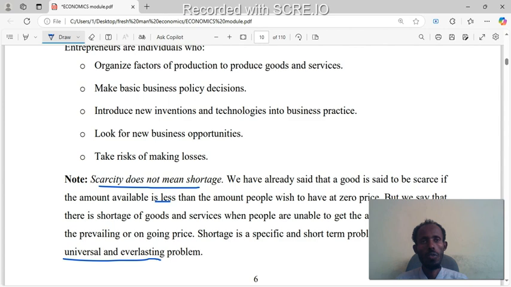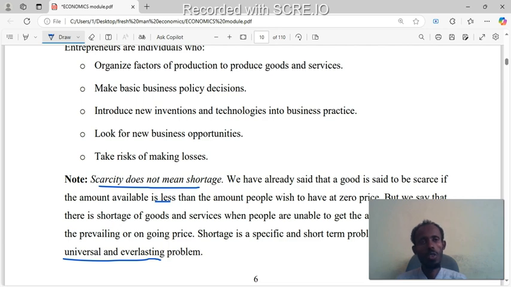So there is shortage of vehicles that move from Addis Ababa to Ambo at 300 birr. But at a zero price, because most of the people want to move from Addis Ababa to Ambo, there is no vehicle that can serve those people at zero price, so they can't. So this problem is an everlasting problem.